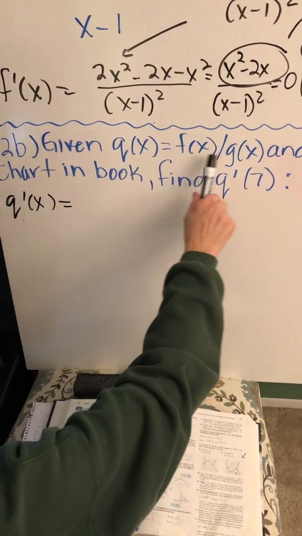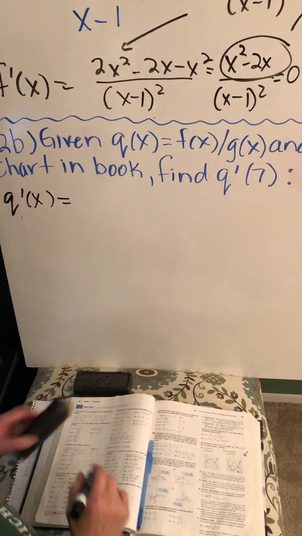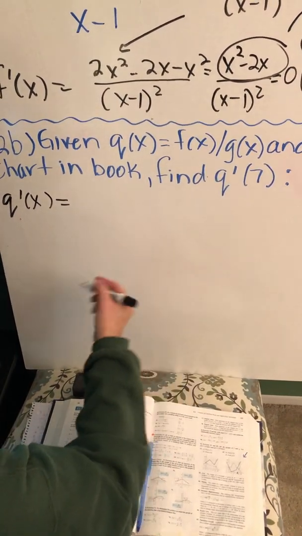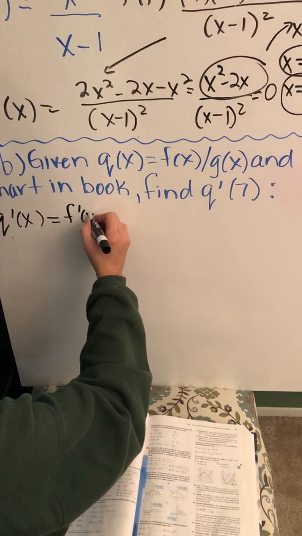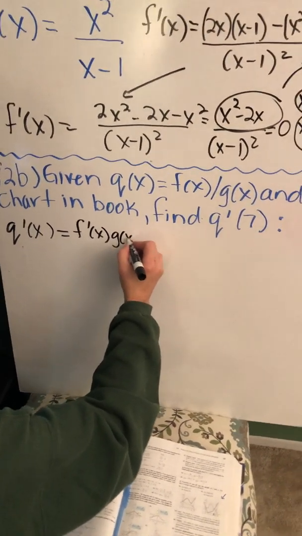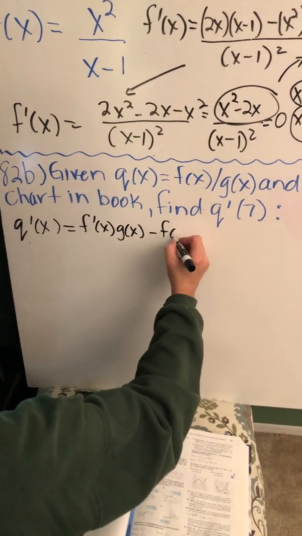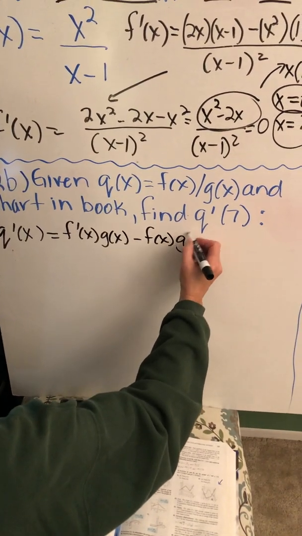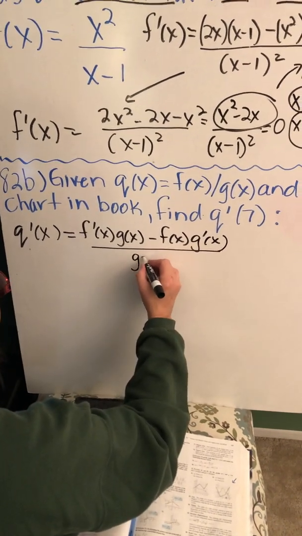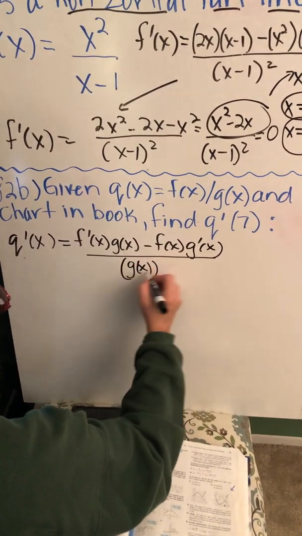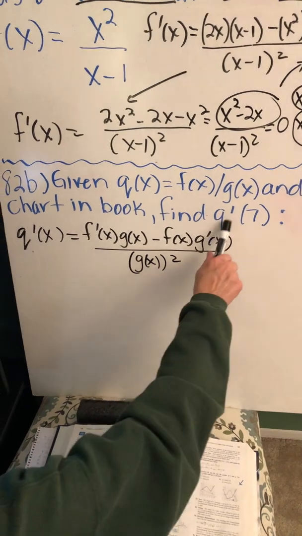I'm going to use the quotient rule here, so I'm just going to write it very generically. It is the derivative of f times g minus, I'm going to keep my f and multiply it by the derivative of g, all over g squared. That's the derivative of q.